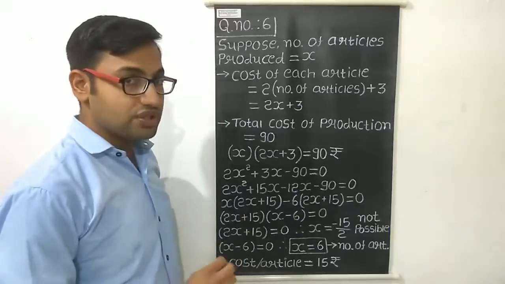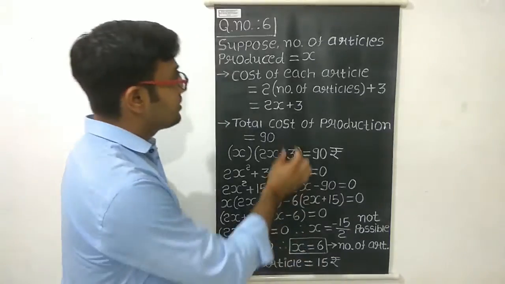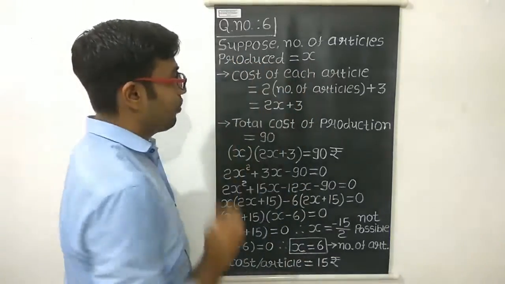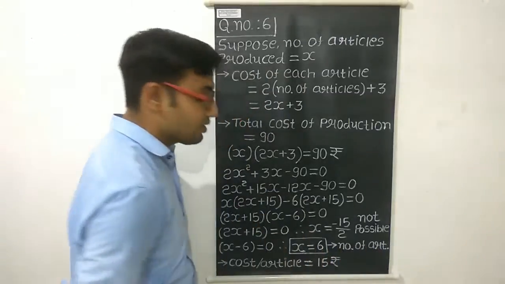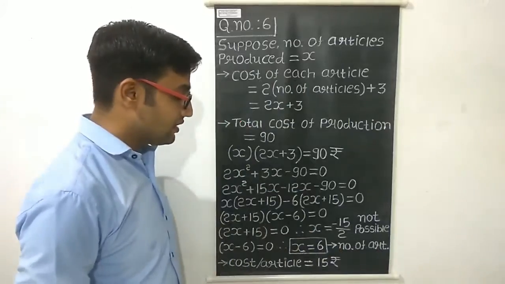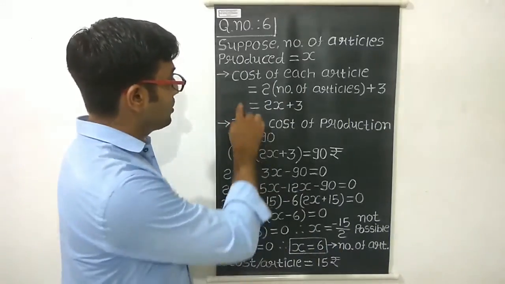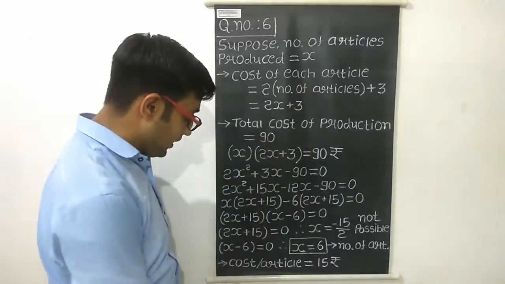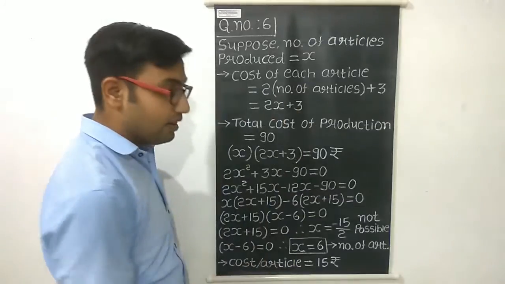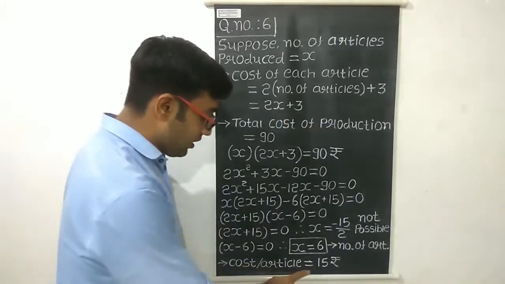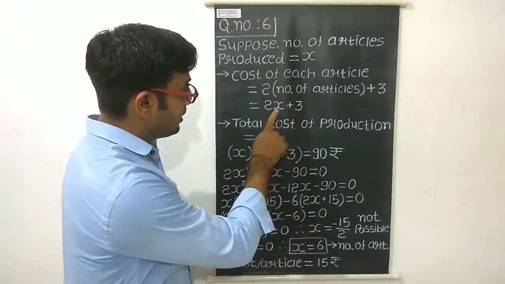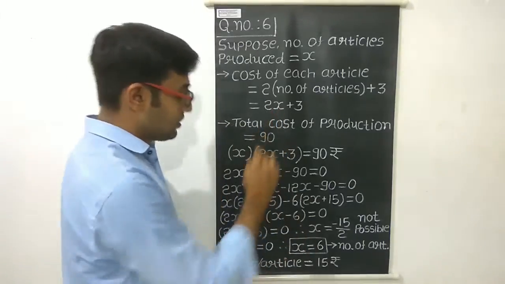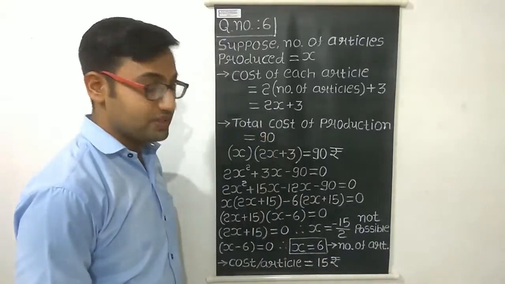This positive value is possible, so x, the number of articles produced on that particular day, is 6. The cost of each article is 2x plus 3. Putting x equal to 6, we get 2 times 6 is 12 plus 3, total 15 rupees. So the number of articles produced on that day is 6 and the cost of each article is 15 rupees.